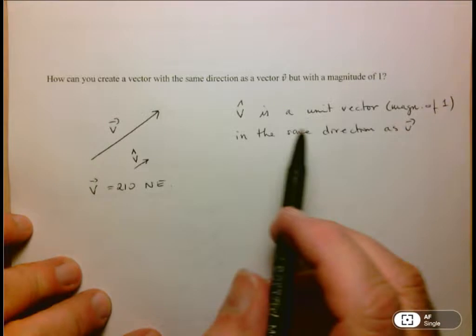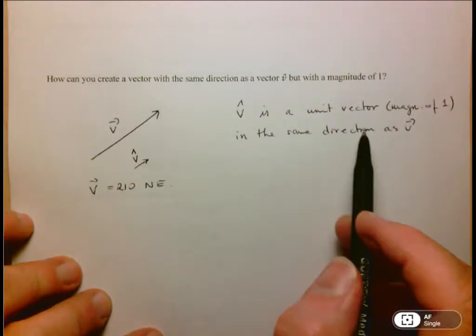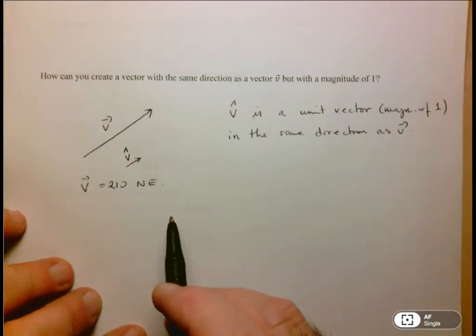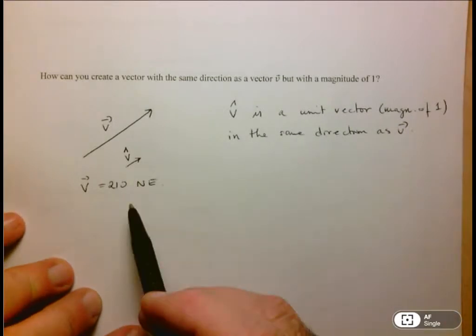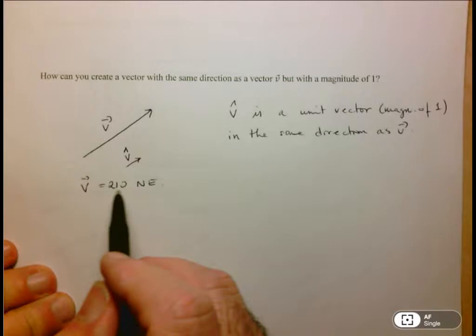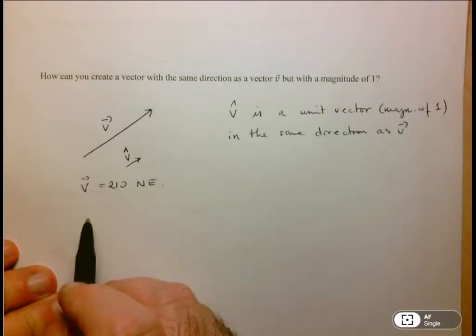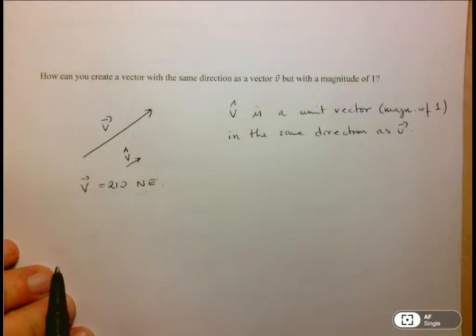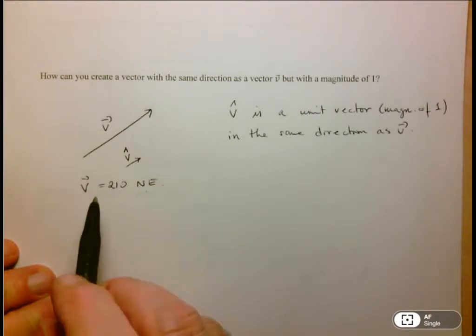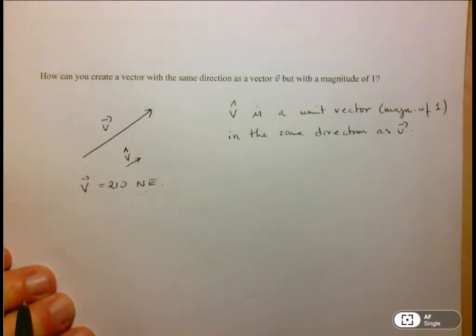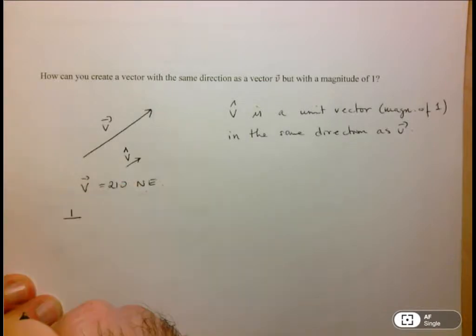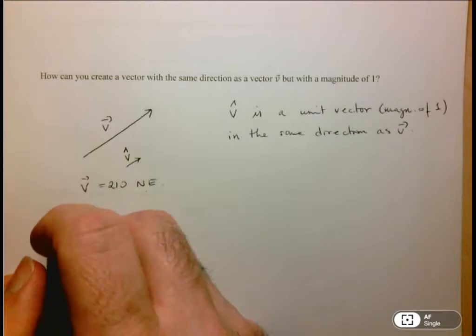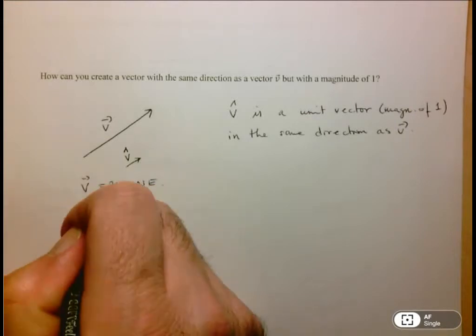But remember, we want to keep the same direction as v, okay? So we can do that by multiplying v by a particular scalar. So what would I have to multiply to 210 northeast so that my new vector was in the same direction, but had a magnitude of 1? And hopefully you can see that what I can do is multiply v by 1 over its magnitude.